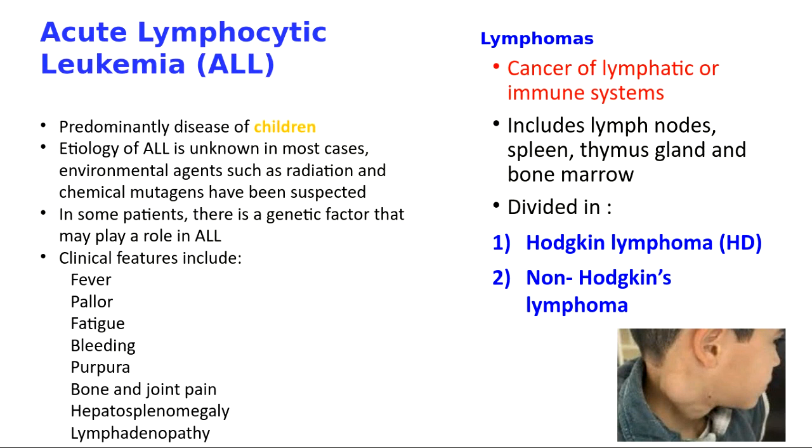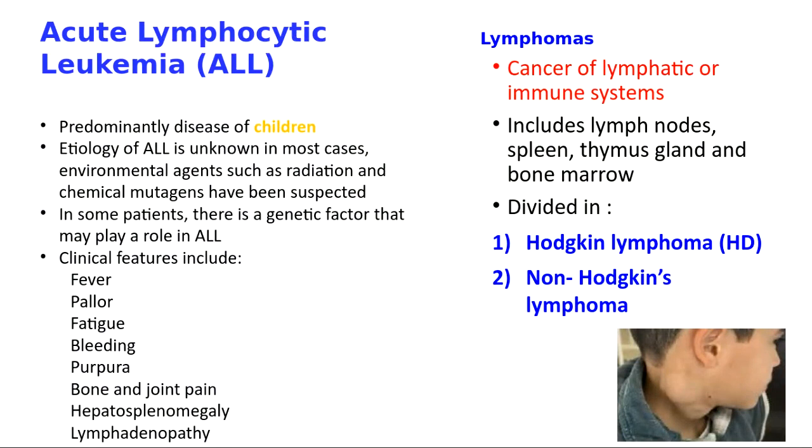The bone and the joint pain are because there are so many cells present in the bone marrow that they push against the actual bone, and those little kids hurt. They literally hurt. They don't even want to be hugged because their bones hurt. They also can present with hepatosplenomegaly, that is an enlargement of the liver and the spleen, and in a lot of cases the patient will present lymphadenopathy, and that is swollen lymph nodes throughout the body.